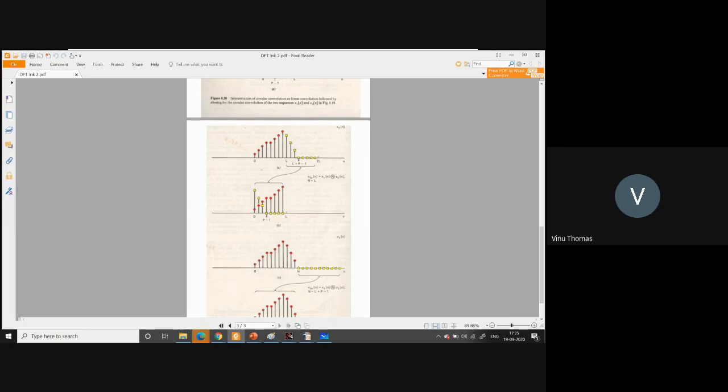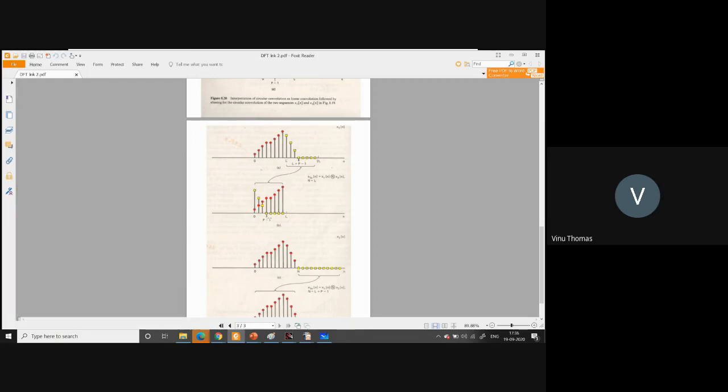So that is shown here. And to the third sample we will add this sample. So that is shown here. So in effect, we have the last P minus 1 samples wrapping around the first P minus 1 samples.